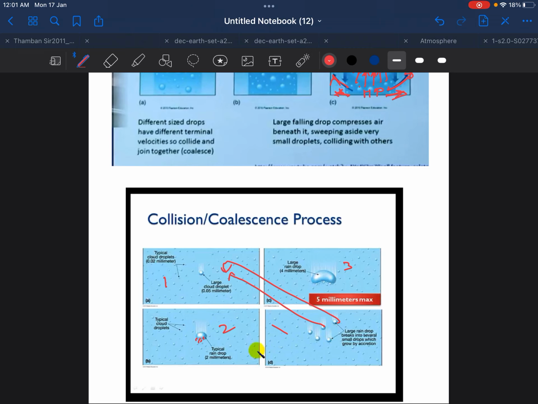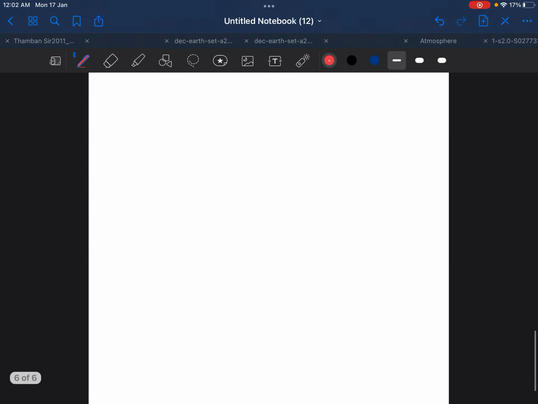Supercooled water droplets are those where, if the temperature is below minus 40 degrees Celsius, there is no need of CCN, and you can form a cloud droplet without CCN at minus 40 degrees Celsius. So those clouds sometimes have minus 40 degrees Celsius temperature, and these are called supercooled cloud droplets. So here it's different. It's a warm cloud. It takes place in the tropical regions. In India mainly we have this kind of precipitation. So this is the difference between the collision coalescence process and the Bergeron process.